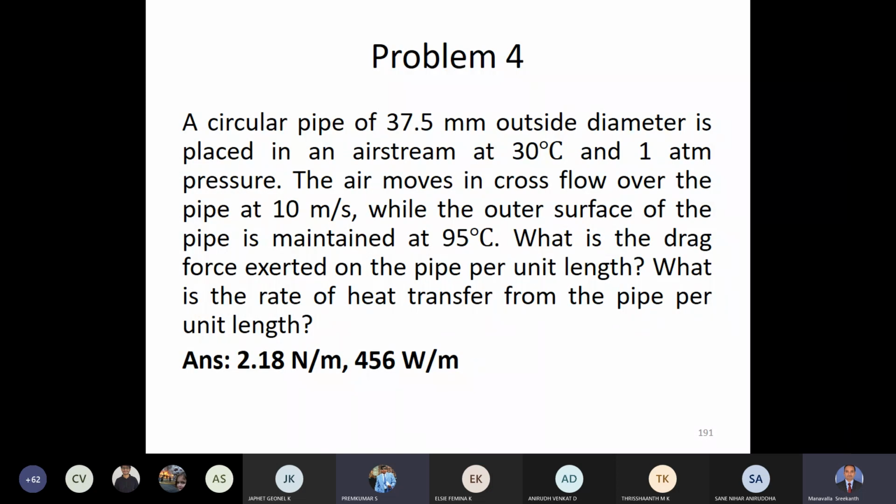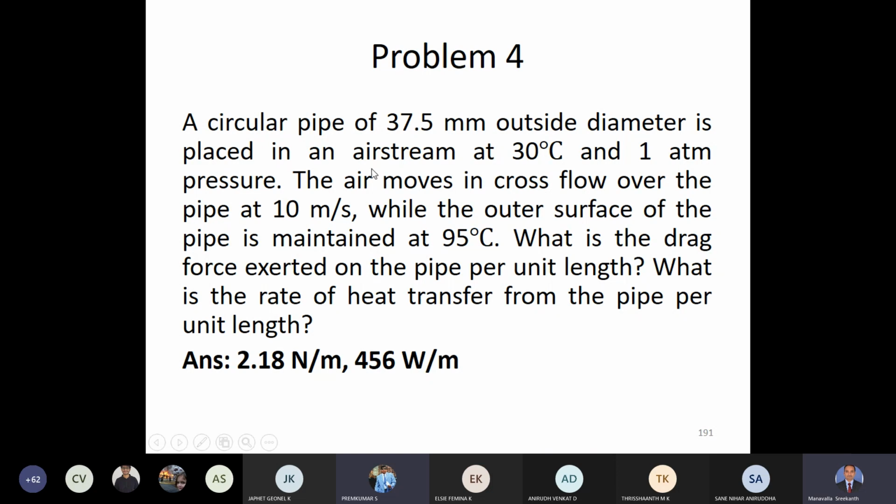You will have to apply different conditions to use the different correlations available. For cylinders, we will apply the correlations located on page 124, and for spheres, we'll use the correlations available on page 128. Now we'll work out this particular example.